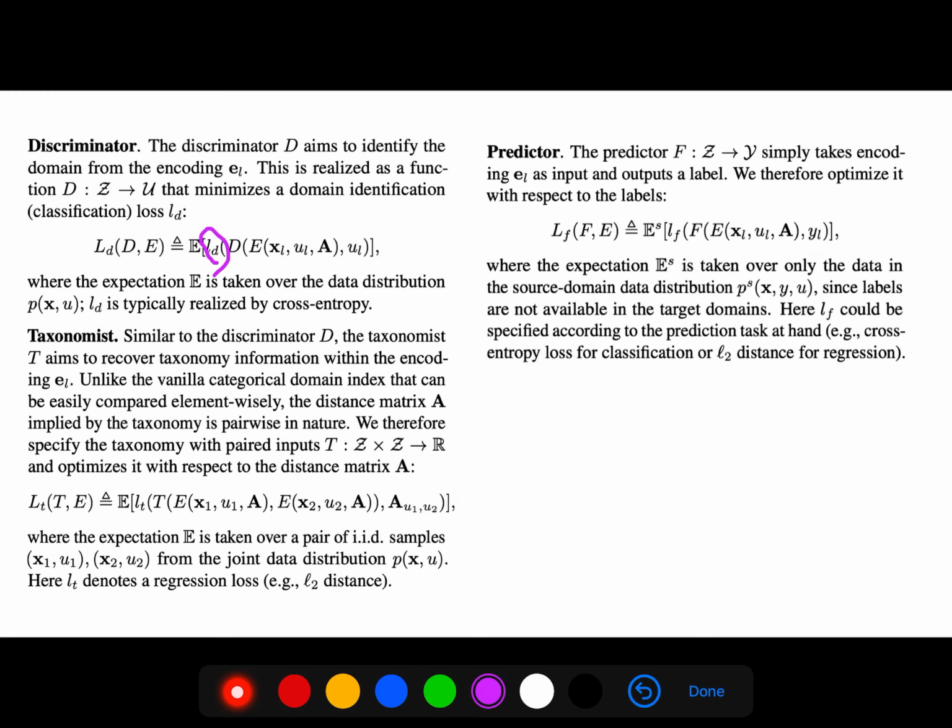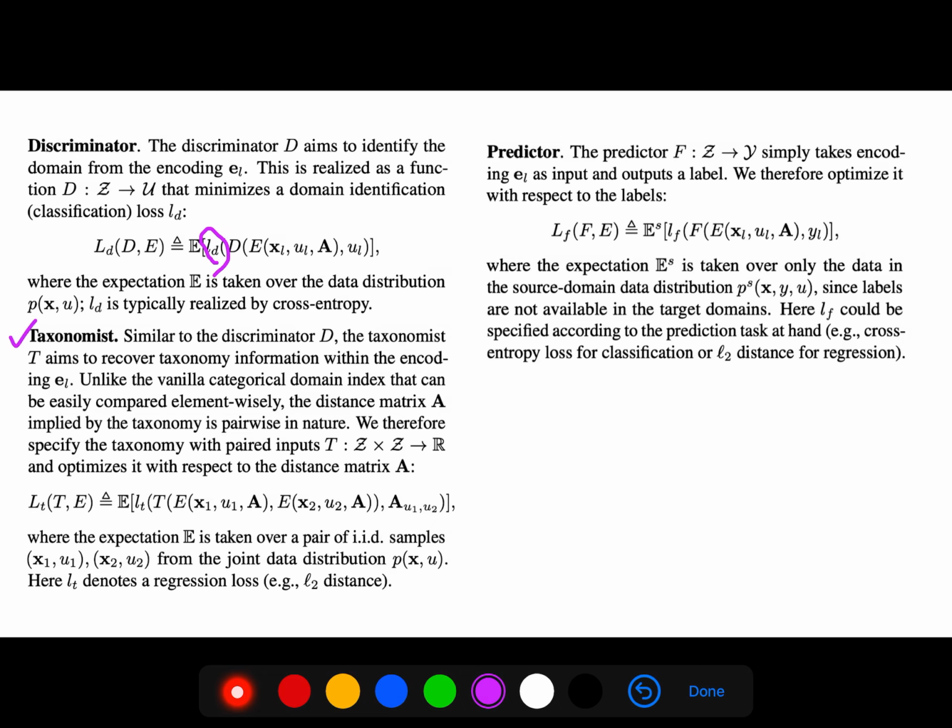Now, let's focus on this taxonomist. Similar to discriminator D, the taxonomist aims to recover taxonomy information within the encoding E sub L. Unlike the vanilla categorical domain index that can be easily compared element-wise, the distance matrix implied by the taxonomy is pairwise in nature.